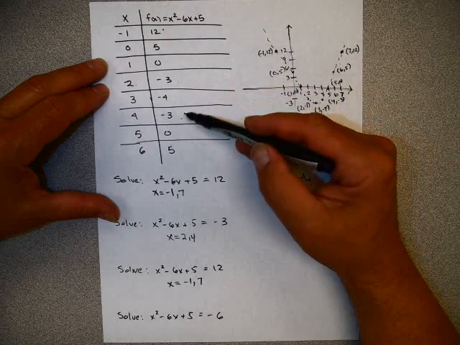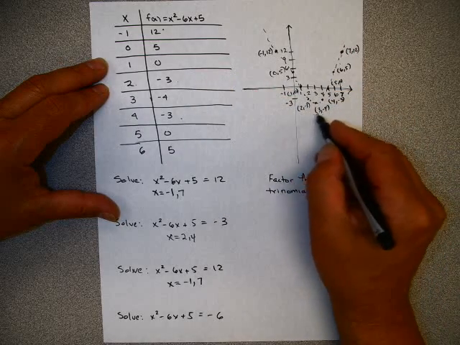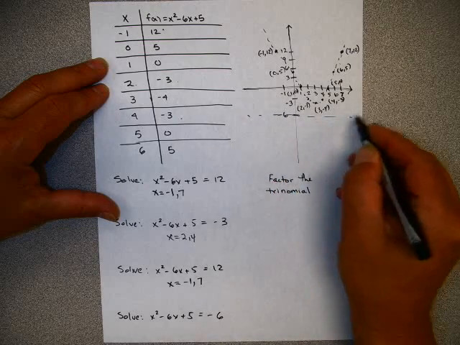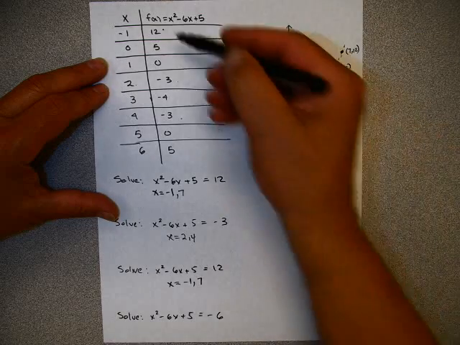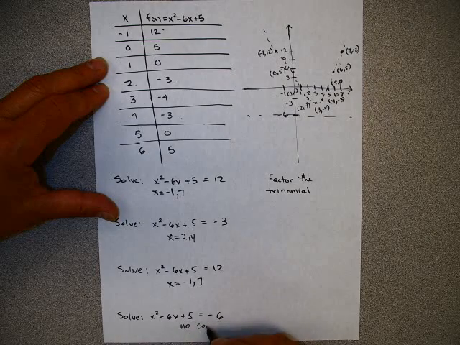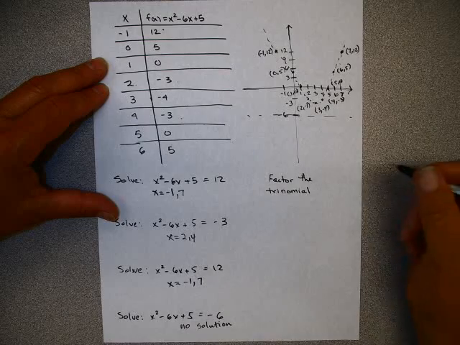Looking at the table, I don't see a value of negative 6. But it's really clear on the graph that negative 6 would be down here, right? There are no values where this graph is going to intersect that. Therefore, there's no solution to this. There are no values of x that give me an answer of negative 6. Now, factor the trinomial.